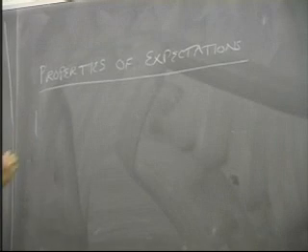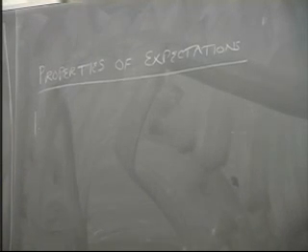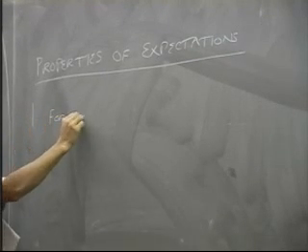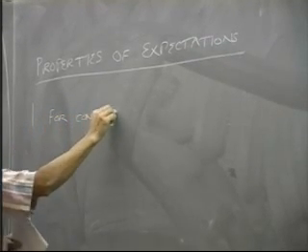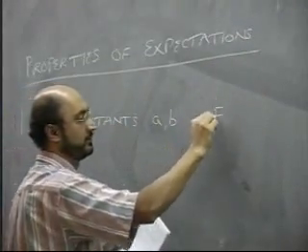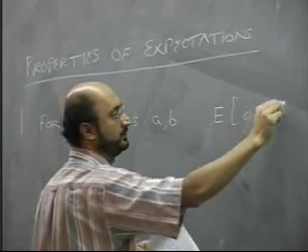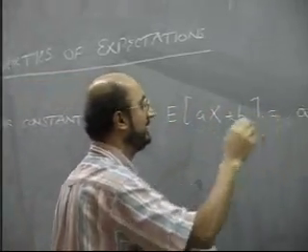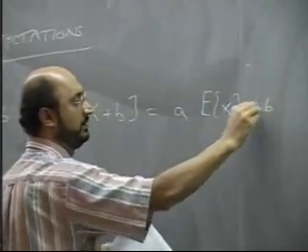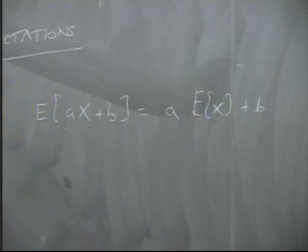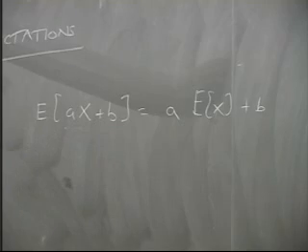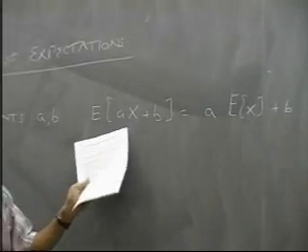The first property, and these are really worth remembering because you'll see them over and over again. It's very useful. For constants A and B, the expected value of A times X plus B, where X is a random variable, is A times the expected value of X plus B. So what we're saying is we can take the X value, put it through an affine or linear transform AX plus B, and we can just move the constants out.